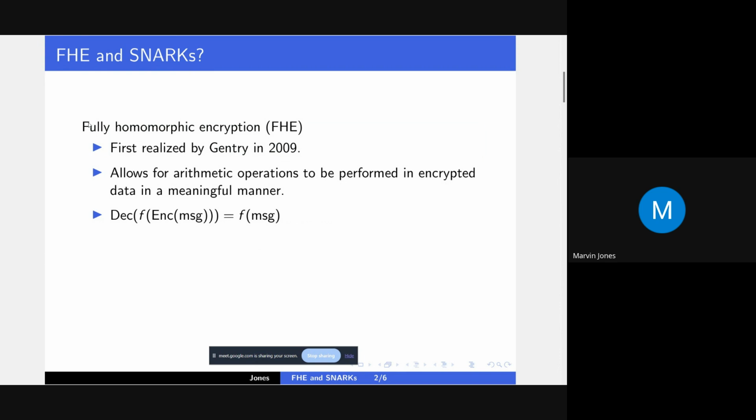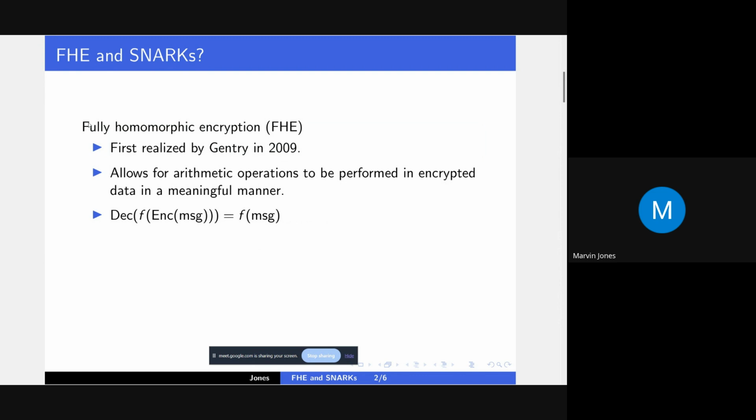So FHE, it's fully homomorphic encryption. It's a relatively young field for cryptography. The first realization of it was in 2009, but it's worth mentioning that fully homomorphic encryption wasn't a new idea in 2009. It was just the first time someone had found a way to do it.